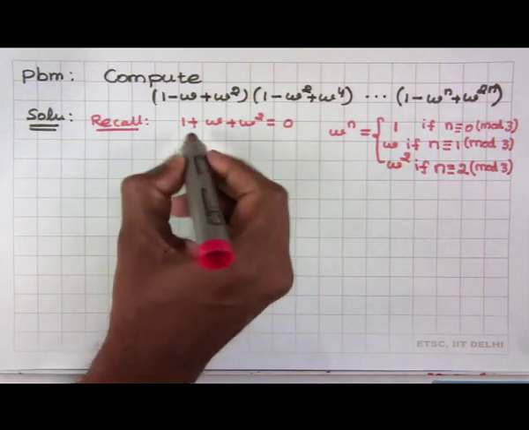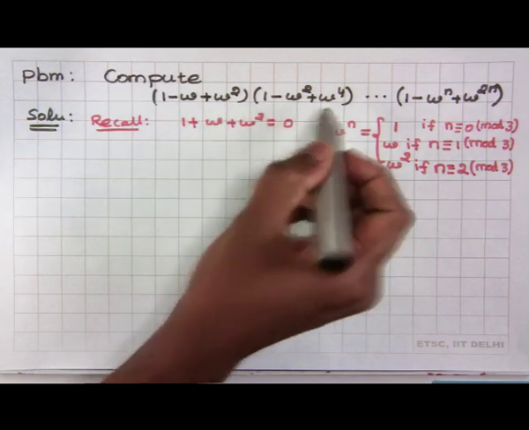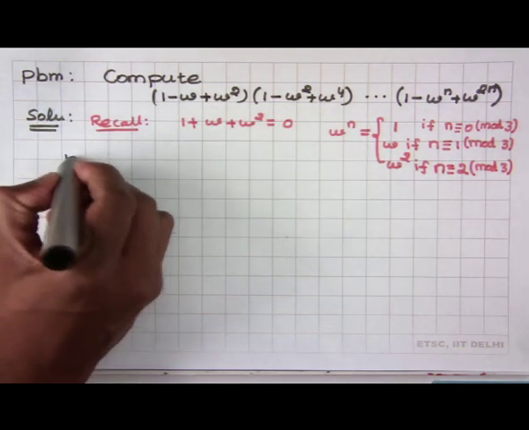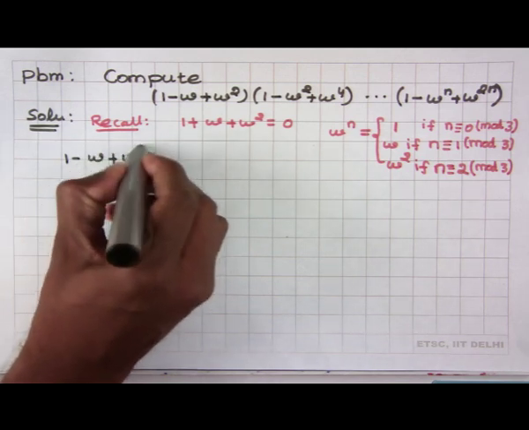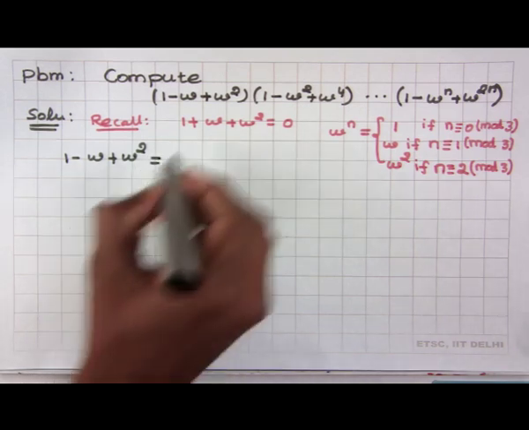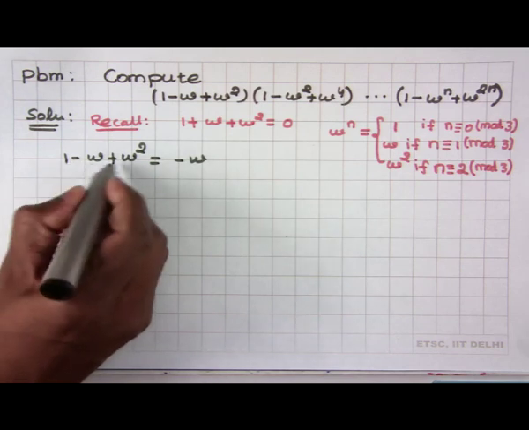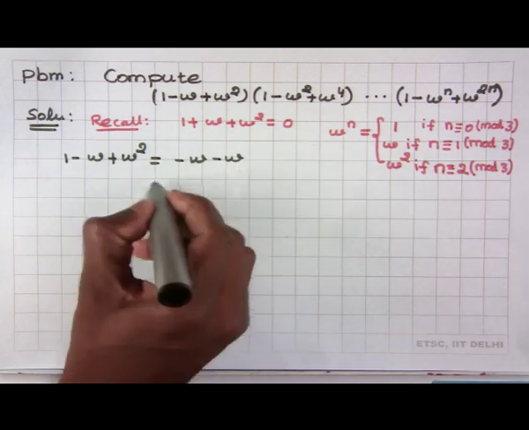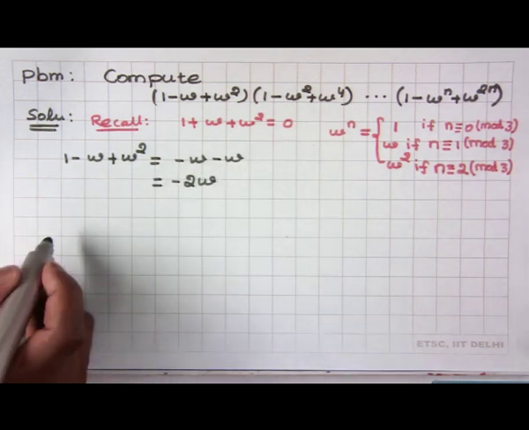Now, try to see some pattern here. If I consider the expression 1 minus omega square, this is equal to minus omega, and 1 plus omega square is replaced with again minus omega. So, we get minus 2 omega.